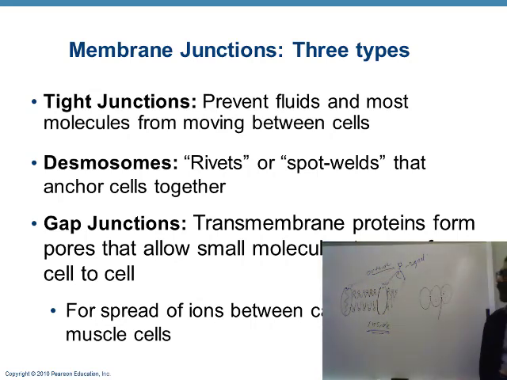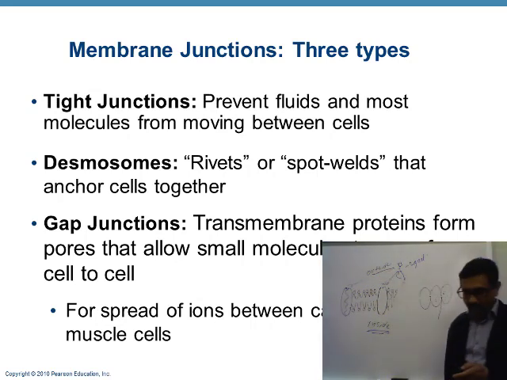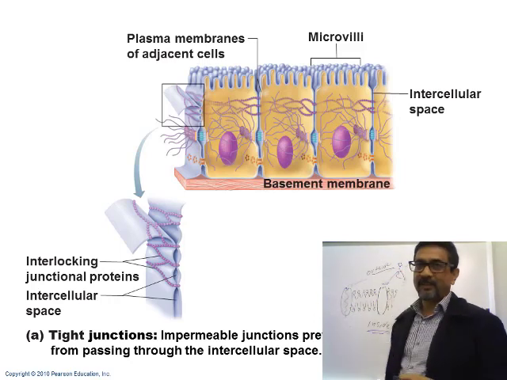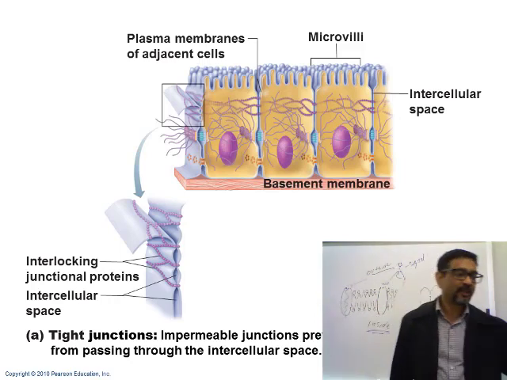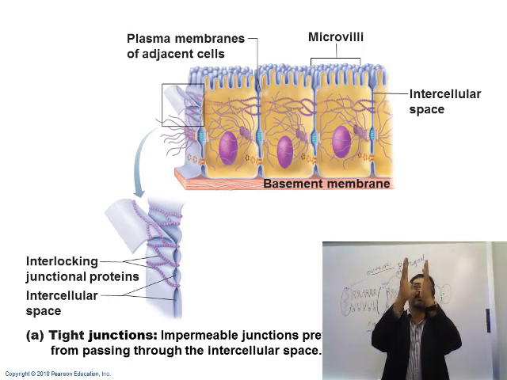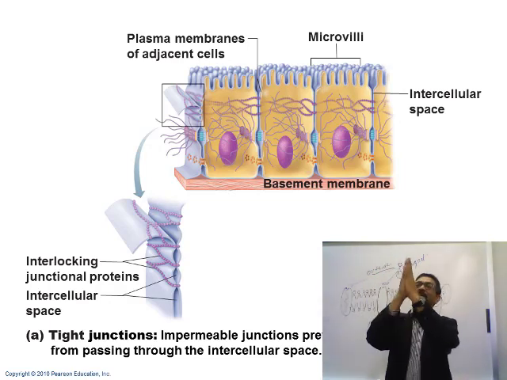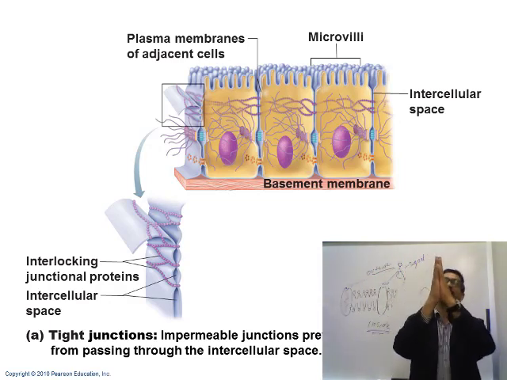So here you see how they look. This one is showing the structure of a tight junction. Just know that a tight junction looks like this. Two cell membranes, this is one cell membrane, this is another cell membrane, like two sheets of cloth. If you put them together and stitch them, you see there, that's the tight junction.